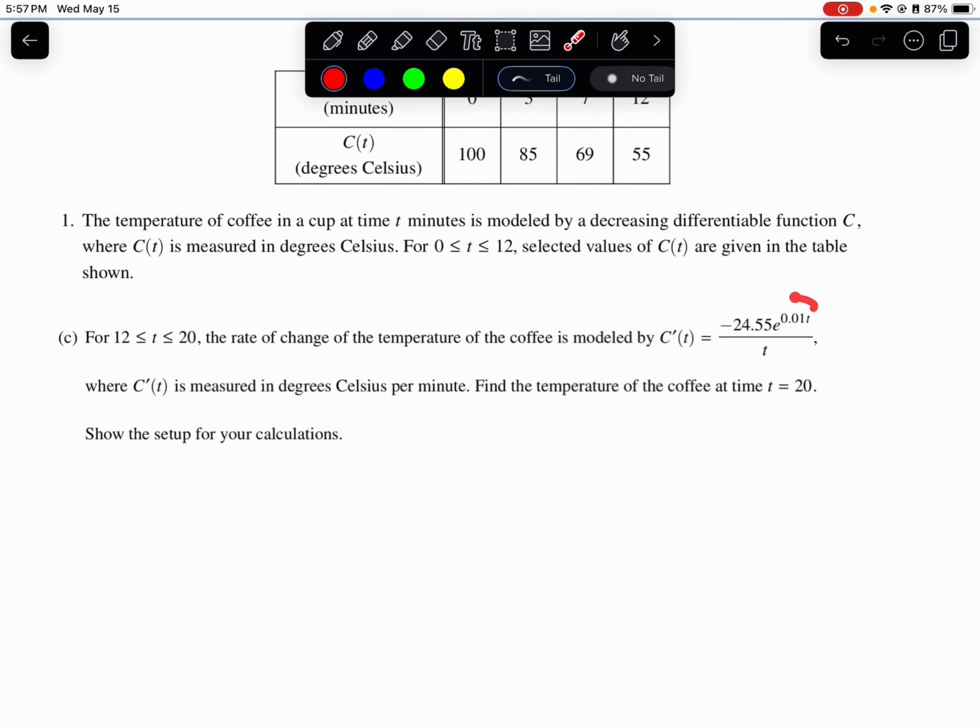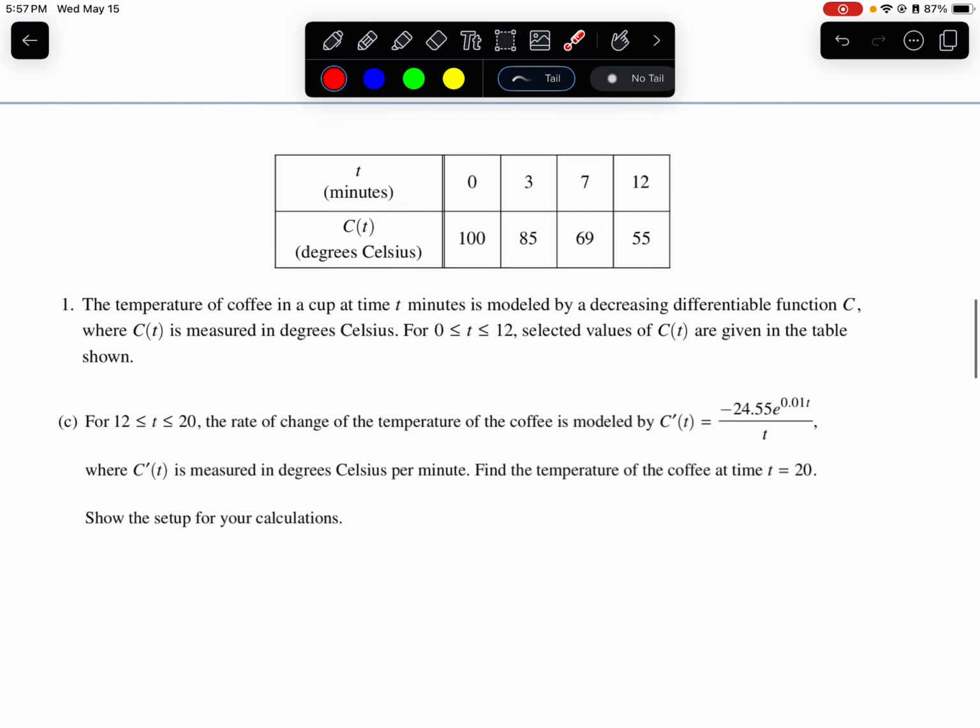So we can integrate C prime of t from 12 to 20, but we also have to take into consideration what happened before that. In this case, we know that the temperature at t equals 12, where we're going to begin our interval, was 55.